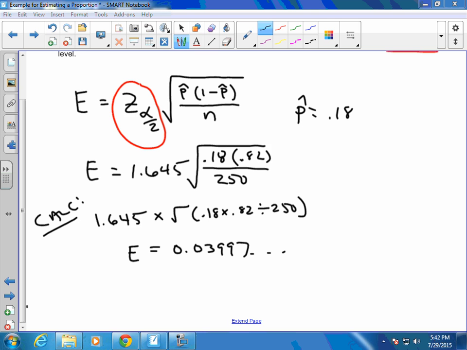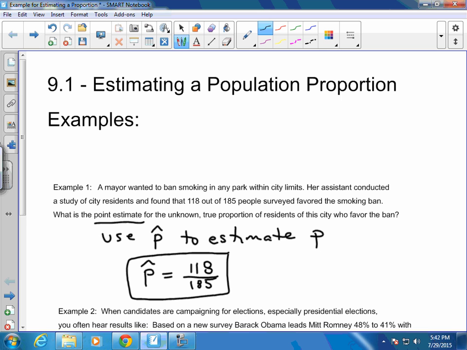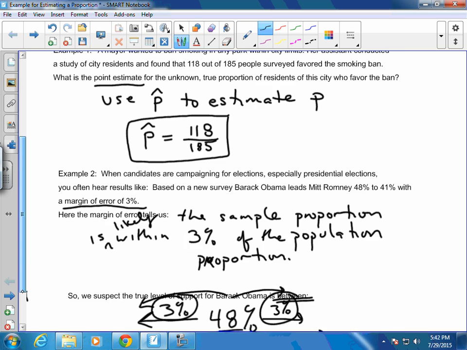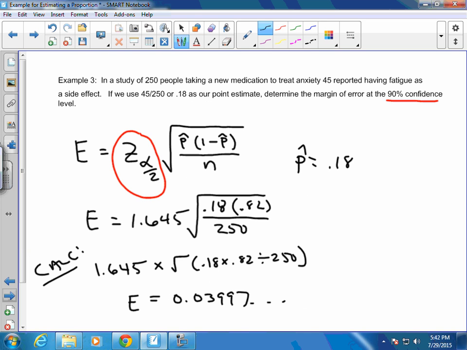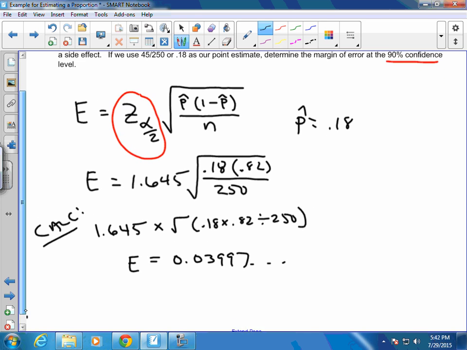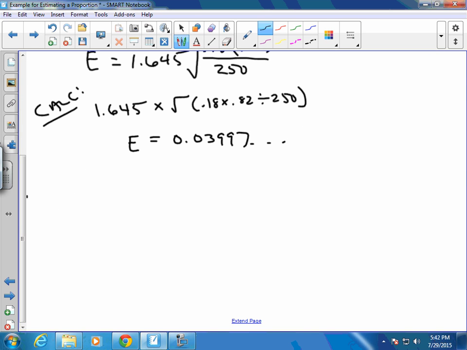So we've calculated a margin of error, and if we apply the same idea that I mentioned back here with the margin of error creating what we call a confidence interval, we could avoid the textbook's confidence interval notation here and say, if we were asked to construct a 90% confidence interval, because we said we were doing this at the 90% confidence level, what we would do is take our sample proportion, which was 0.18, and subtract one margin of error.